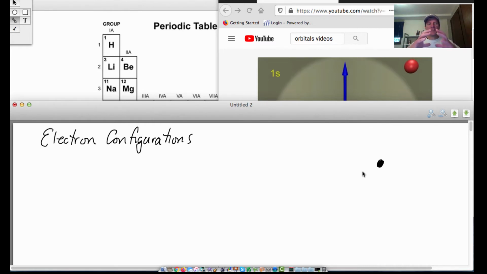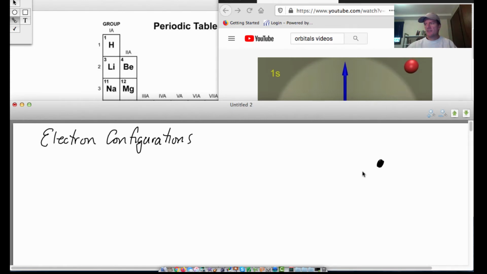We know that electrons reside at different energy levels, meaning they don't just hang out anywhere at any distance from the nucleus. They reside at specific kind of radii or certain distances from the nucleus. And we're going to call those energy levels. Within those energy levels, we have different shapes or different areas where the electrons are believed to hang out.